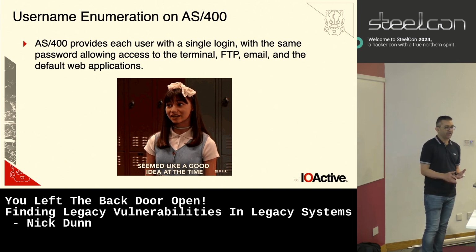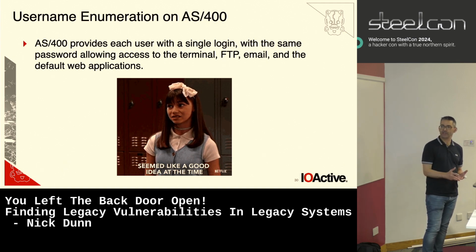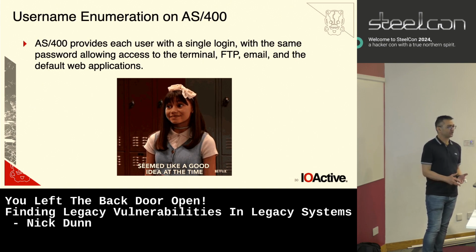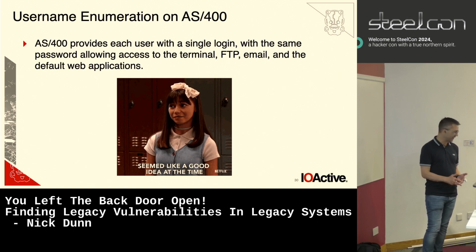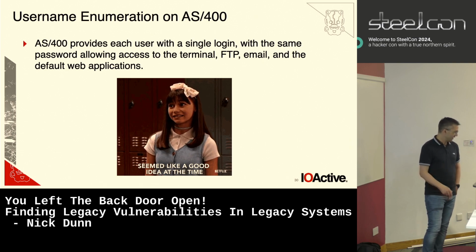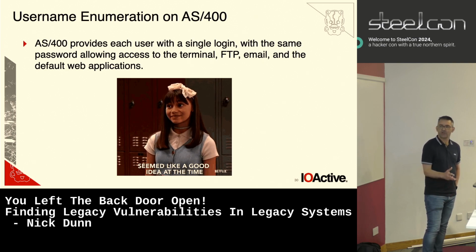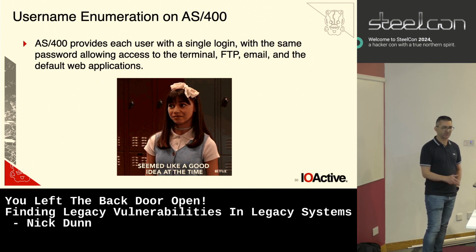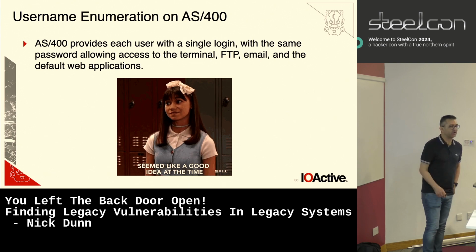And as I said earlier, each username that you manage to enumerate or account that you crack that's on Telnet or FTP will give you universal access to that user's Telnet, FTP, email, the default web applications, as well as any applications that user uses.